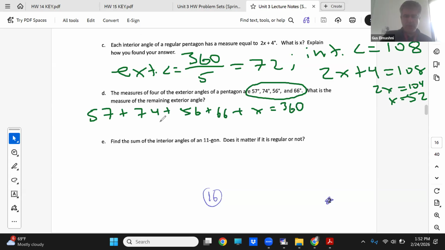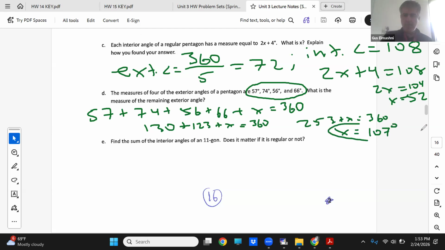And if I clean it up, I should get 130 plus 123, so 253 plus x equals 360. X has to be 107, I think, if I'm not mistaken.